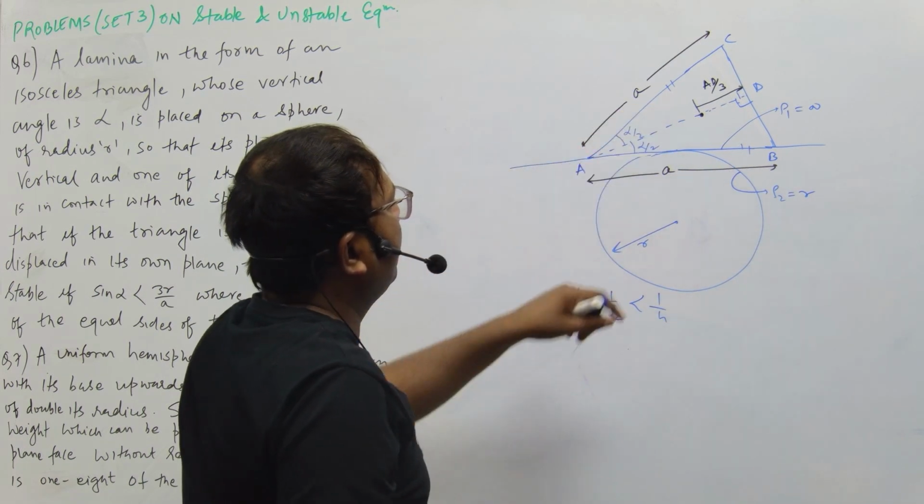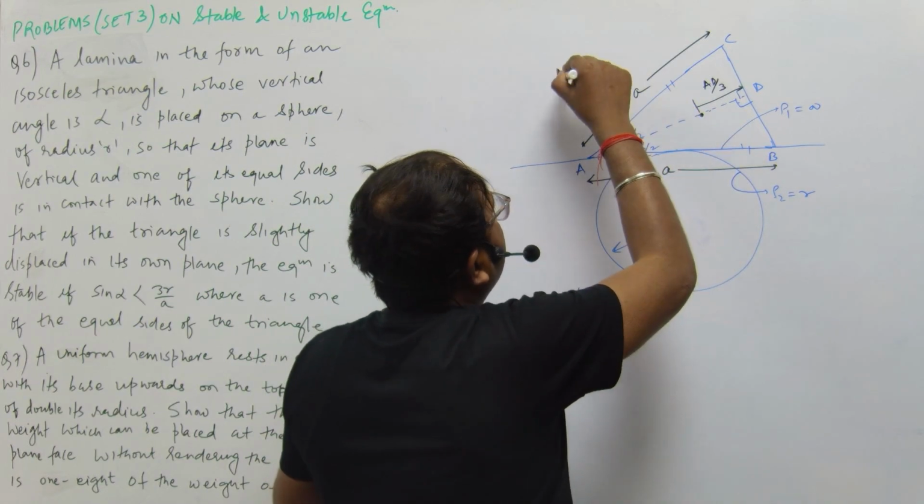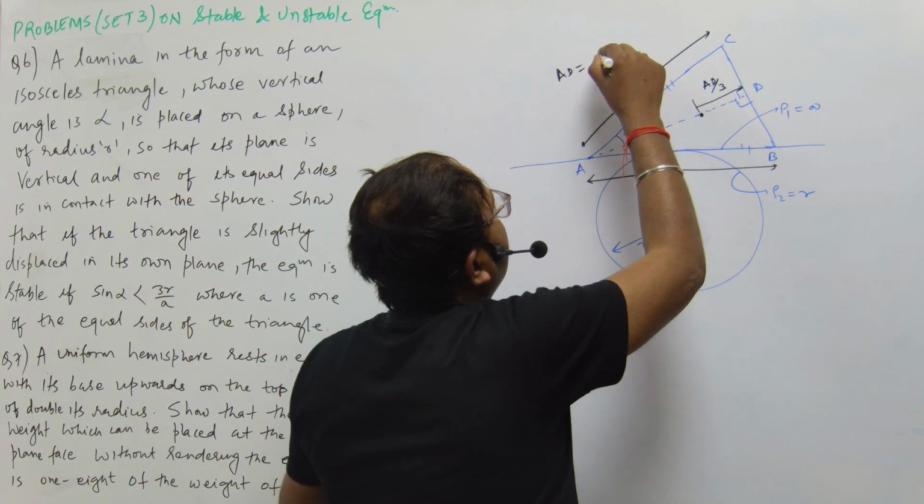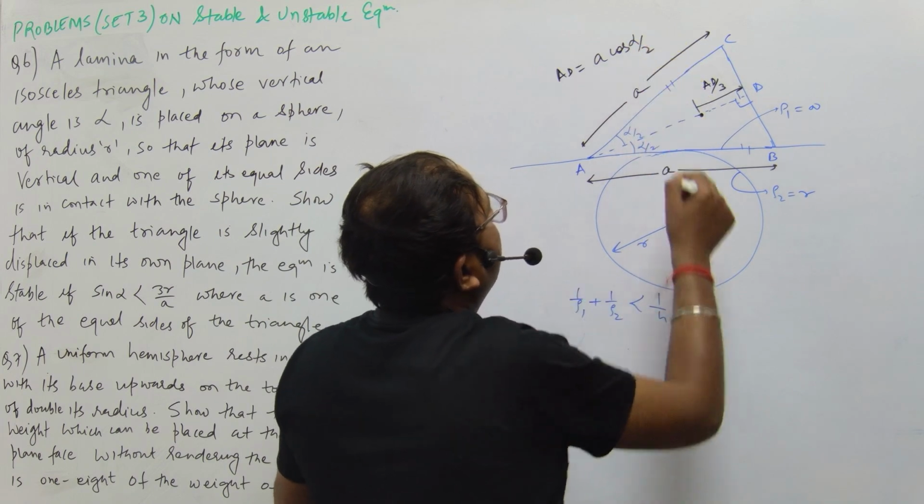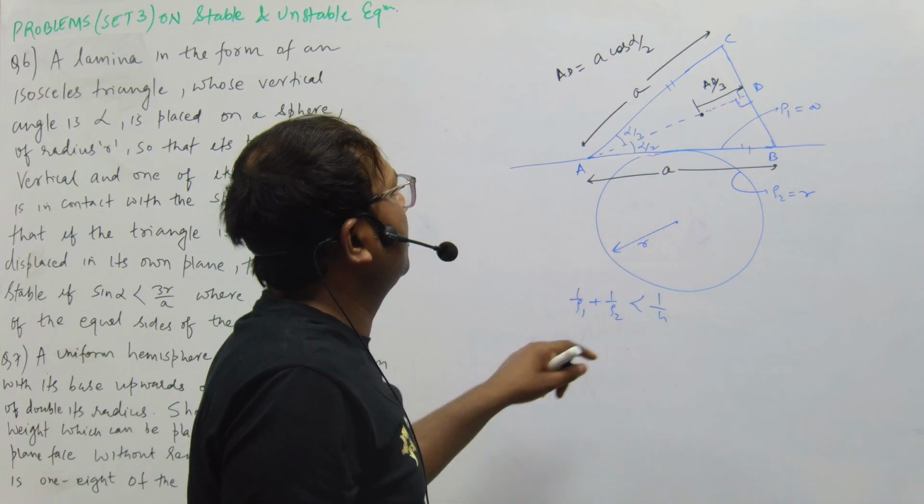What will be the value of AD? AD is equal to a cos alpha by 2.